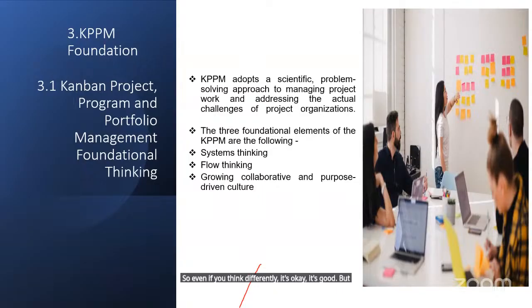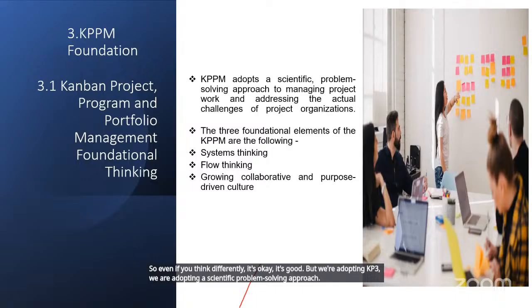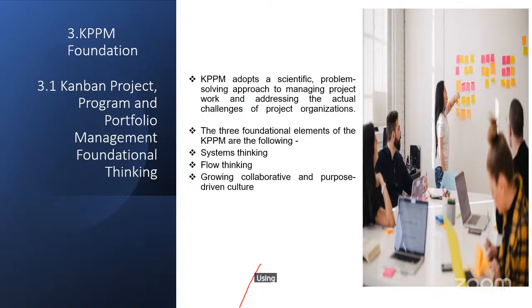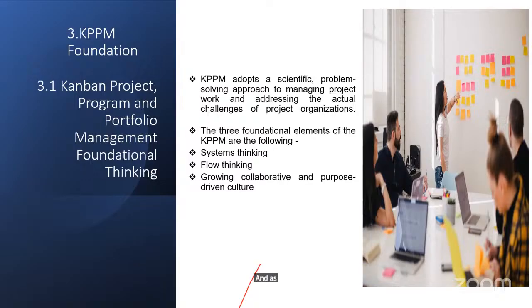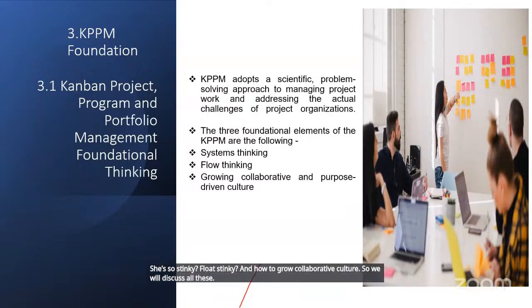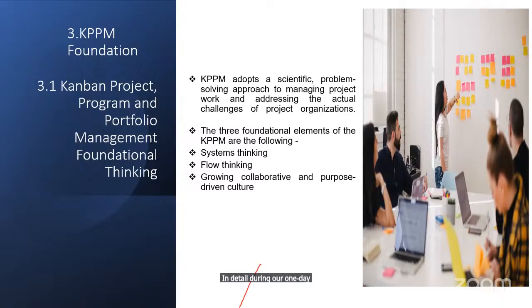But by adopting KPPM, we are adopting a scientific problem-solving approach, a scientific thinking, so that we think without bias and focus on what are the key problems in the project and how to overcome using this model. And thereby, KPPM addresses the actual challenges that you face in the project organization. And as already discussed earlier, the three foundational elements of KPPM are the following: systems thinking, flow thinking, and how to grow collaborative culture. So we will discuss all this in detail during our one day program, where you learn all these things and how to look at them.